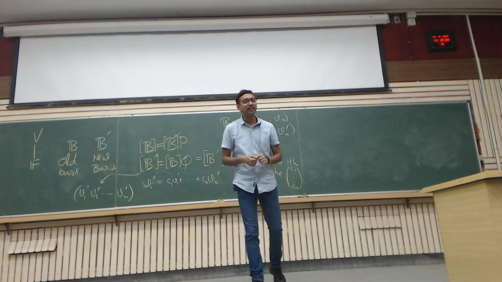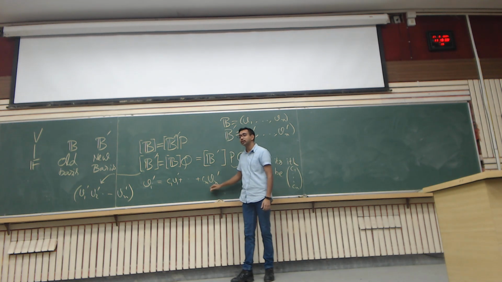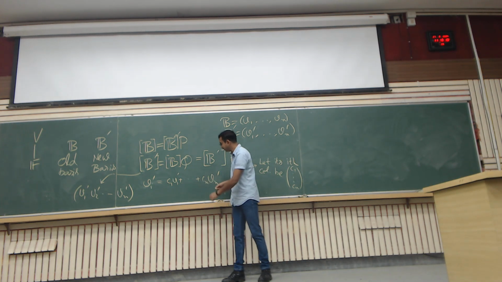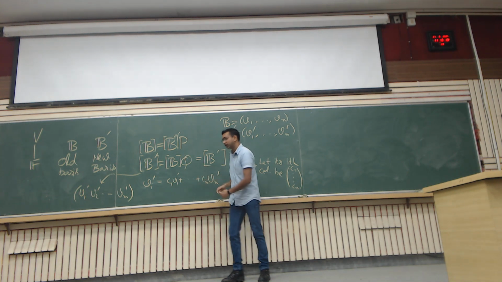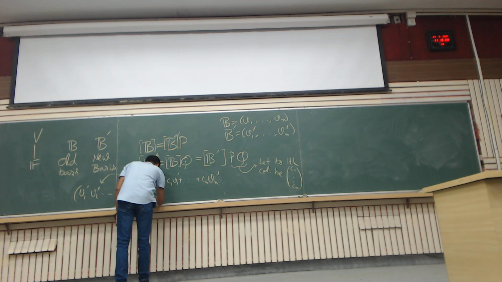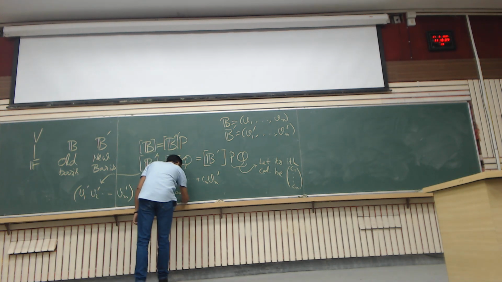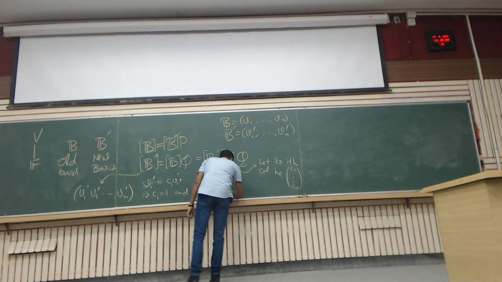Thank you, Ridhiman. Since these are all linearly independent, unless they are all zero except the ith one, you are getting a non-trivial linear relation among them. So this would immediately imply that Ci is equal to 1 and Cj is equal to 0 for all j not equal to i.